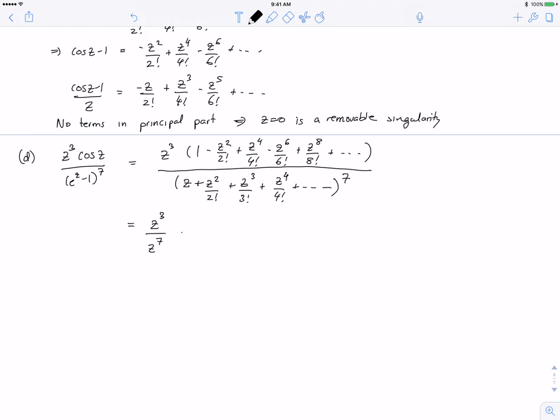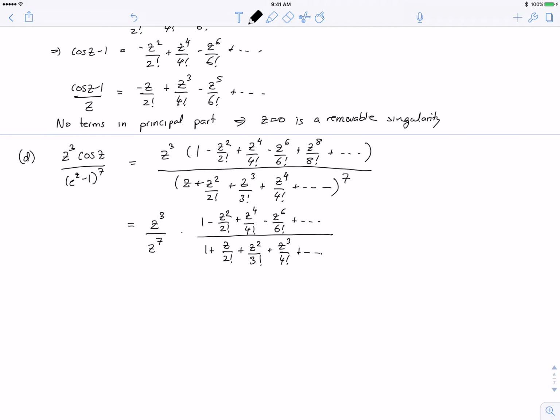What you're going to be left with on the top is this one. And what you're going to be left with on the denominator is going to be this one, plus z cubed on 4 factorial.